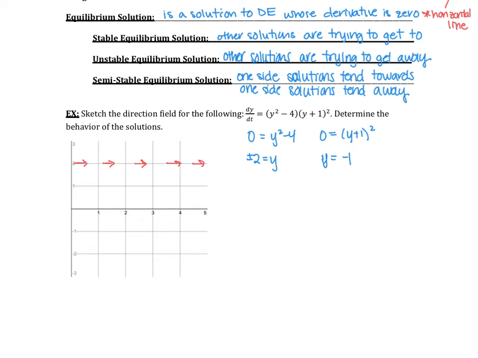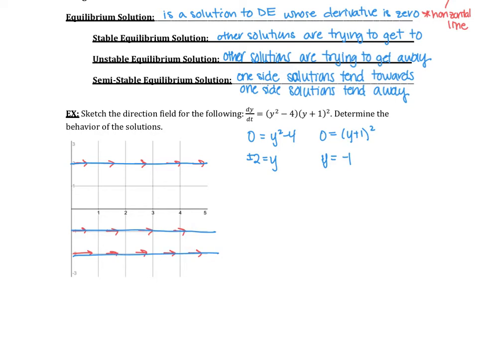I have negative 2, and then I have negative 1 as an equilibrium solution as well. Okay, so these are my equilibrium solutions. We may even want to notate these with horizontal lines through them.